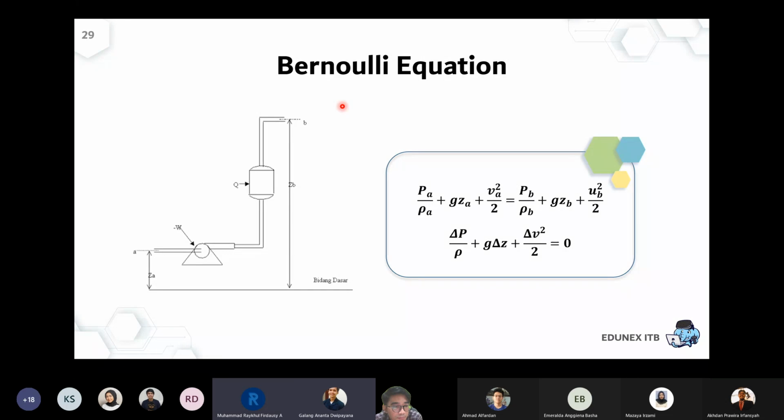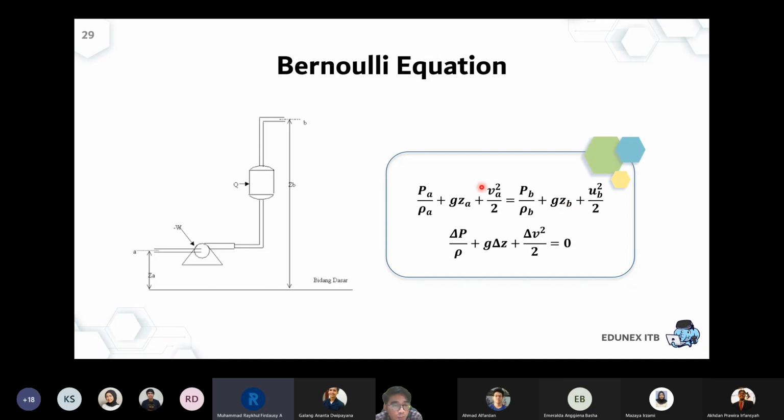Increase, correct, because point B is higher. It means either pressure energy or kinetic energy should decrease to compensate the increase of potential energy.